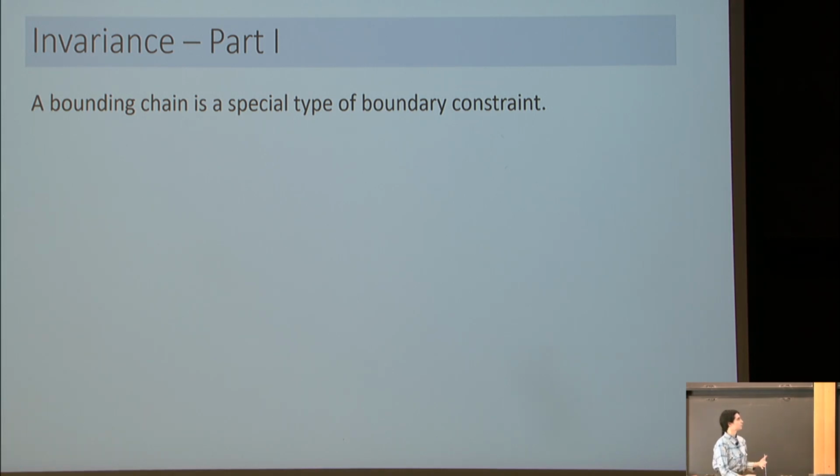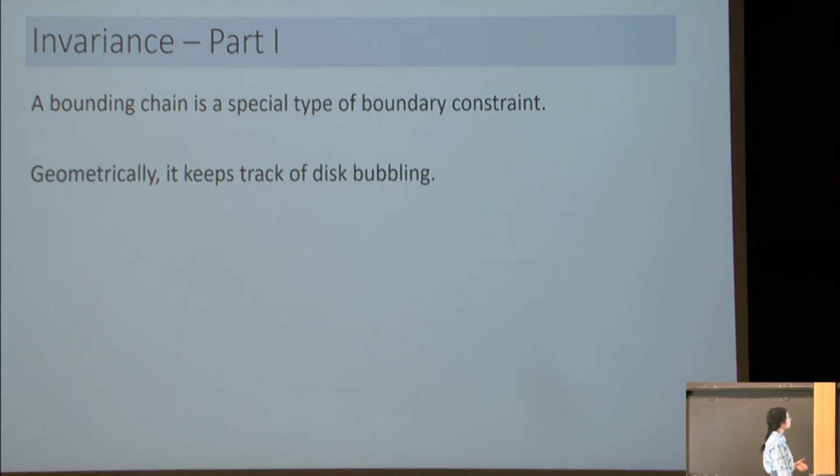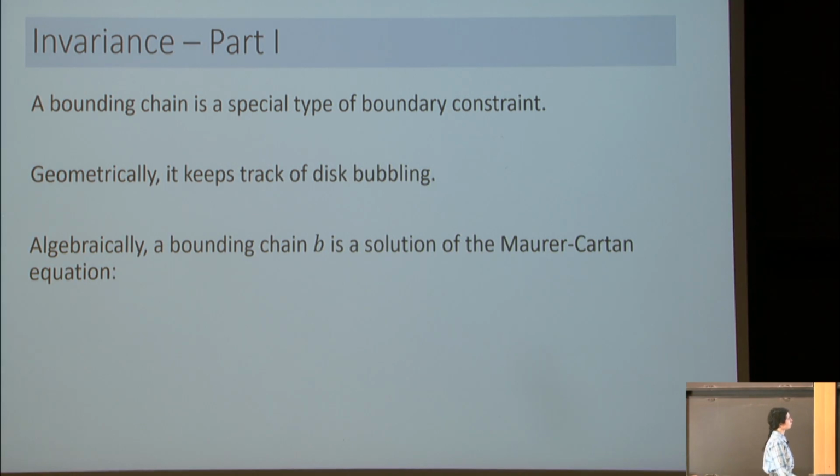The reason behind that was not an accident, but that those were the bounding chains in that context. Geometrically, it's designed to keep track of disk bubbling, and algebraically, it's a Maurer-Cartan element, so it satisfies a fancy equation.